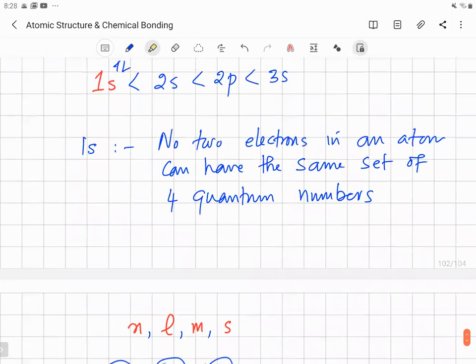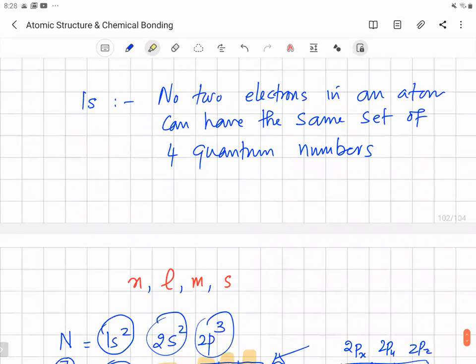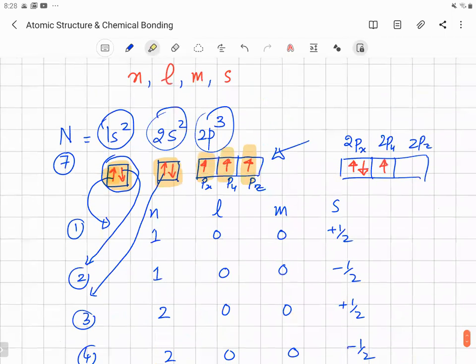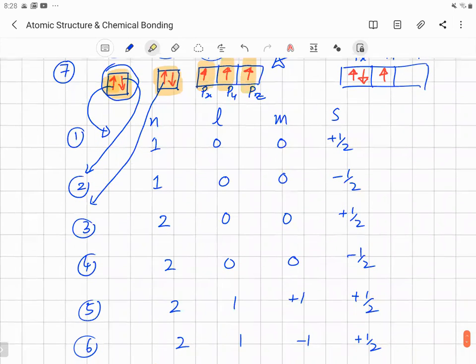Now we discussed Pauli's exclusion principle, which says no two electrons in an atom can have the same set of all four quantum numbers. Then we took the example of nitrogen and wrote all those addresses.